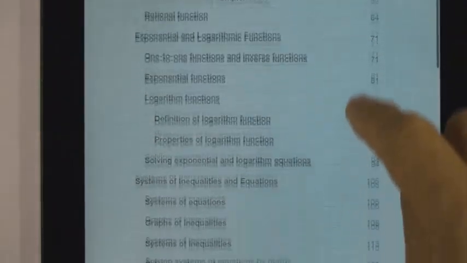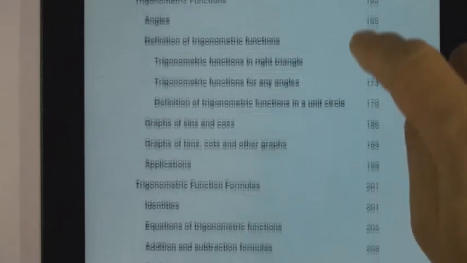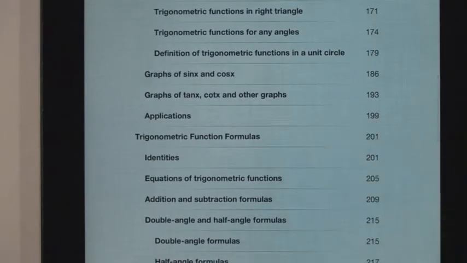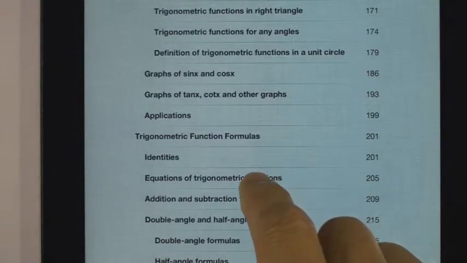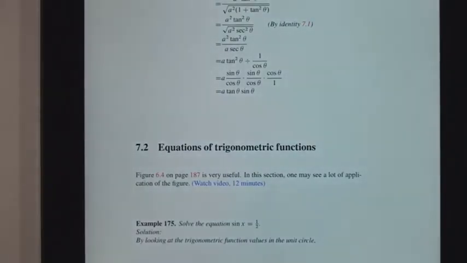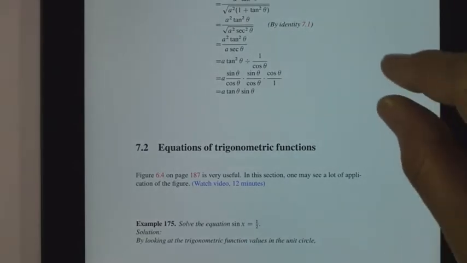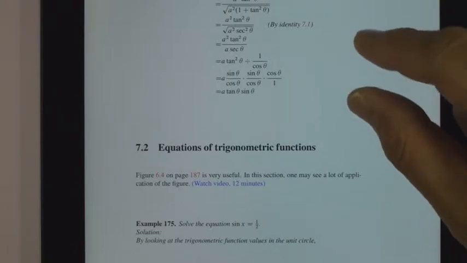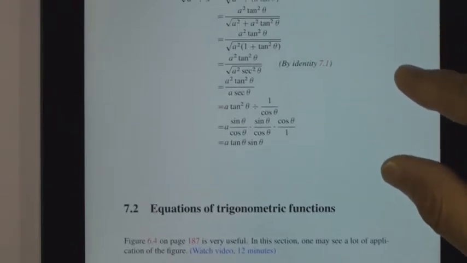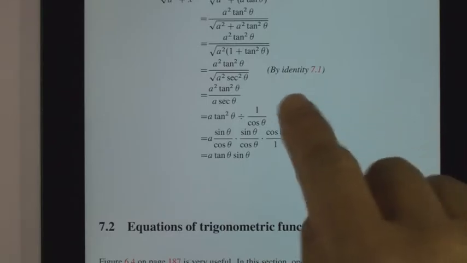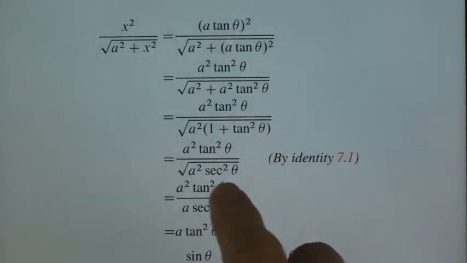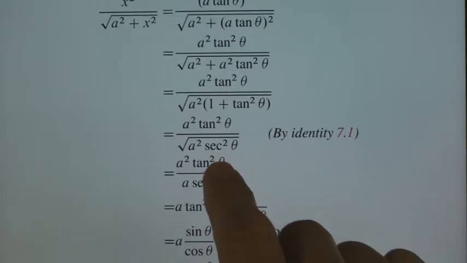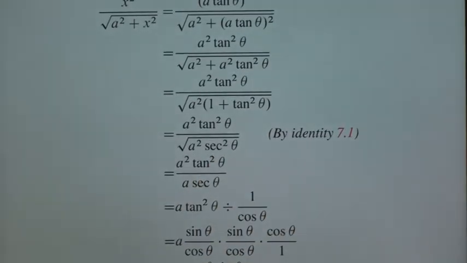For example, right now you want to do more. You may say, let's go to trigonometry. So down here, another great feature is that when you read a question here, 1 plus tan squared, and here is secant theta squared.